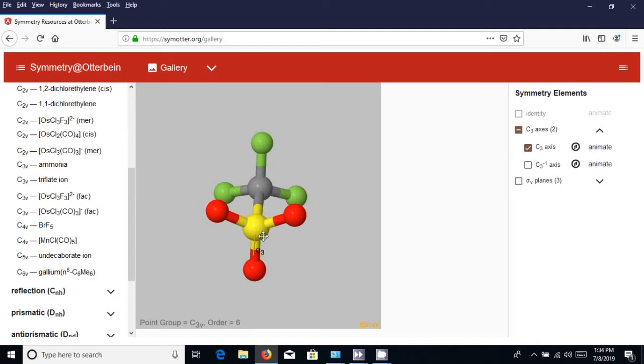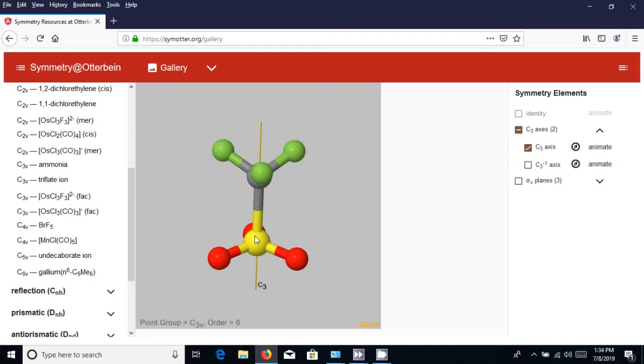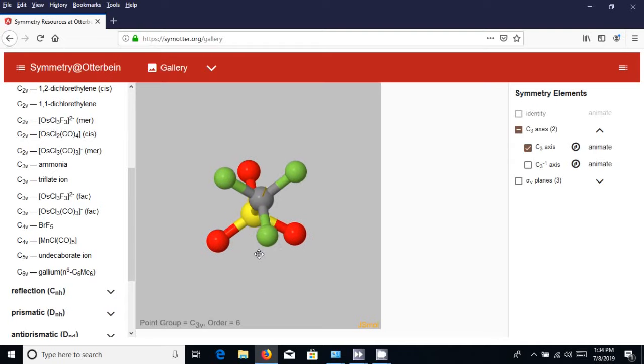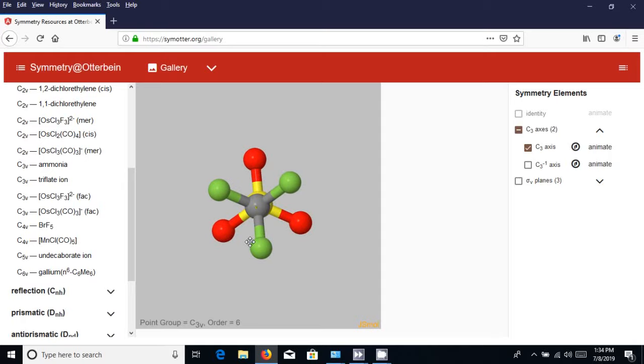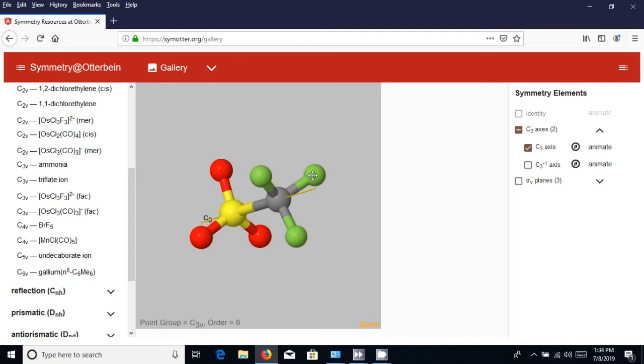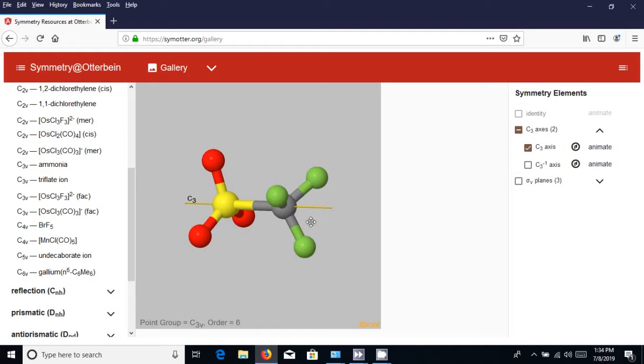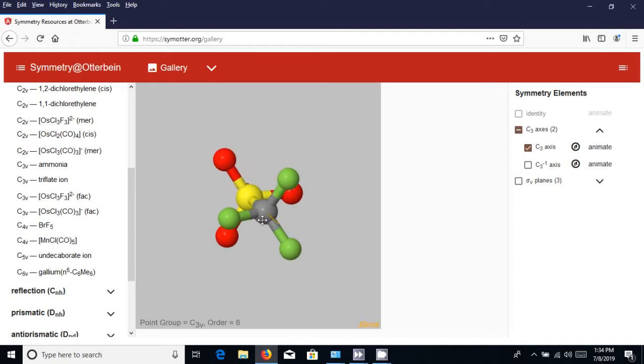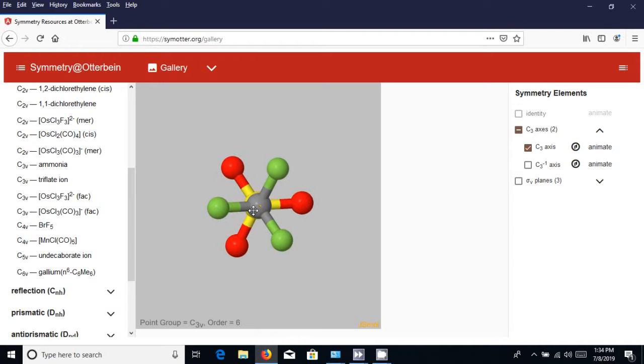So I can tilt the molecule. Not only the oxygens, these are also exchanging their position, the green ones. So the C3 axis is there, okay? And of course the inverse operation would also be there, but I am not going to show you that inverse operation. Now we can go through the planes.